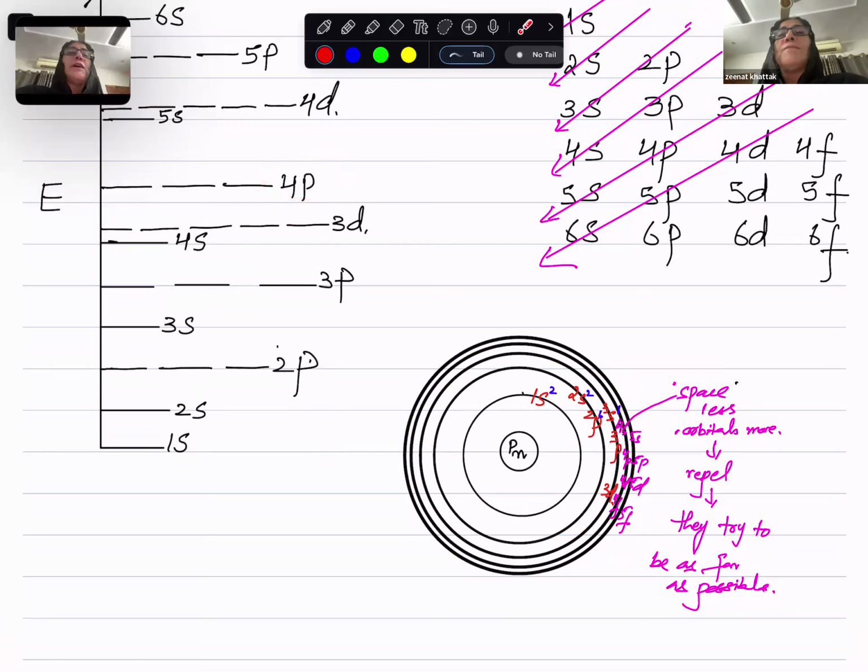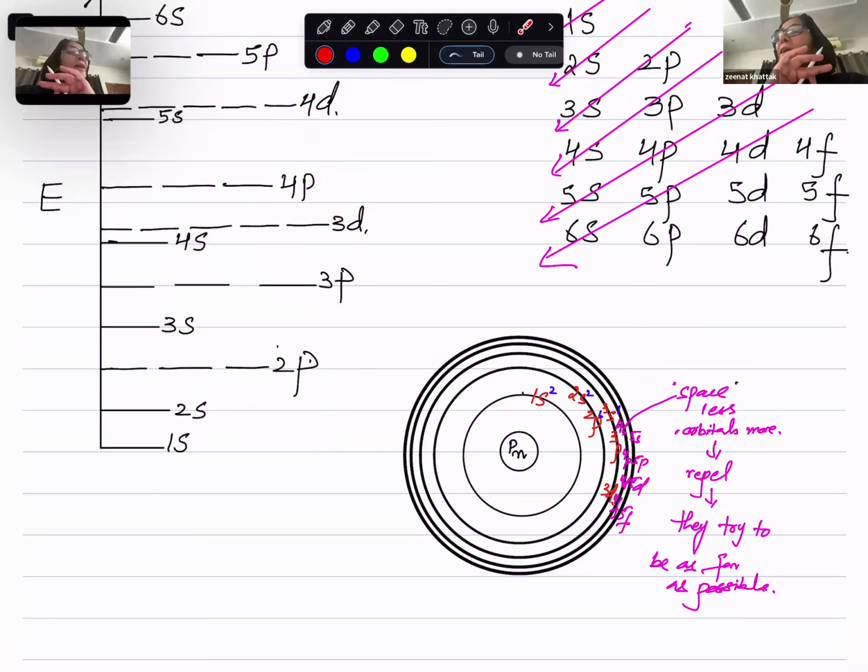No, the 5 could be coming in the area of the 4, the 4 could be coming in the area of the 3, it doesn't matter. The thing that matters is what? To have minimum repulsion and to be closer to the nucleus.